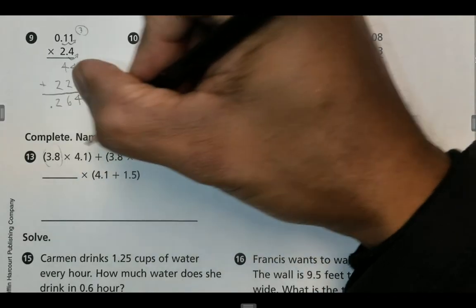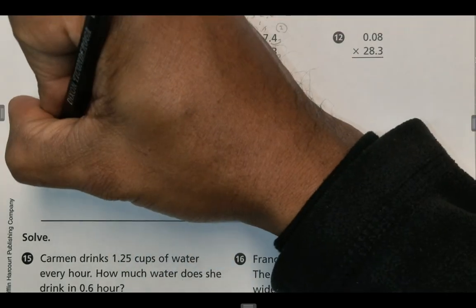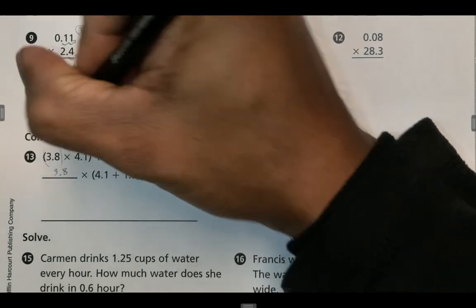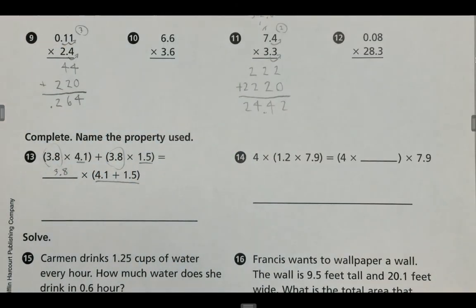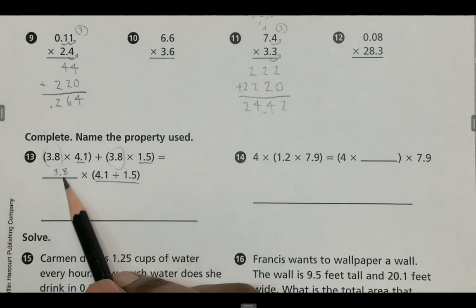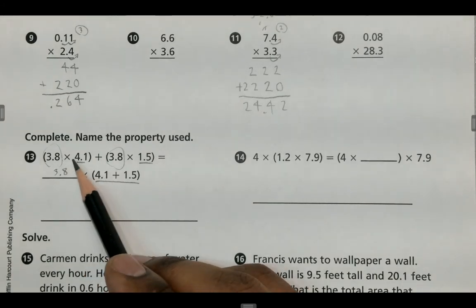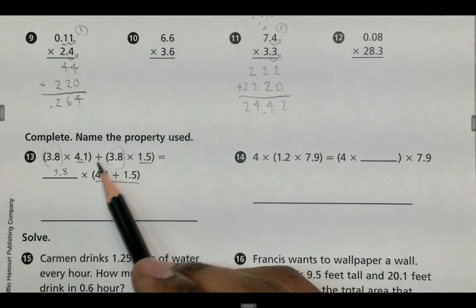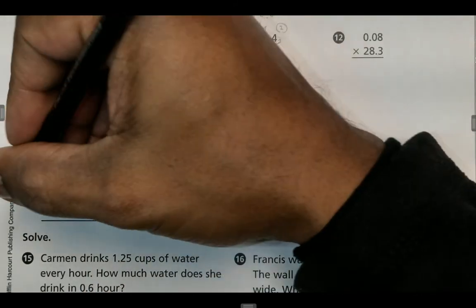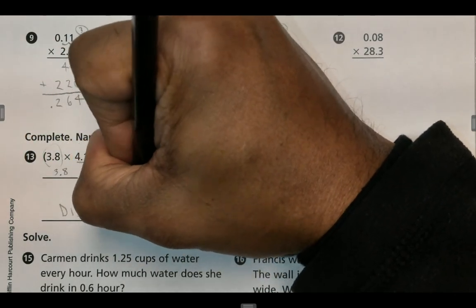Notice that 3 and 8/10 appears twice, so I can just pull that 3 and 8/10 out, add up these 2 numbers, and then multiply that 1 time by 3 and 8/10. Instead of taking this part and multiplying it by 3 and 8/10, then taking this part and multiplying it by 3 and 8/10 and adding them together. This was called the distributive property.